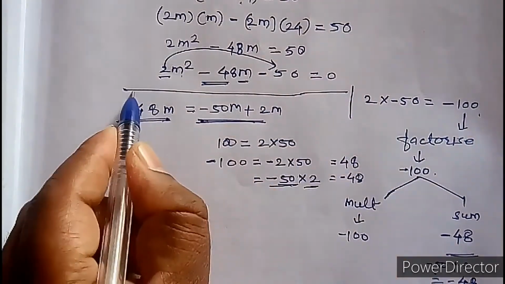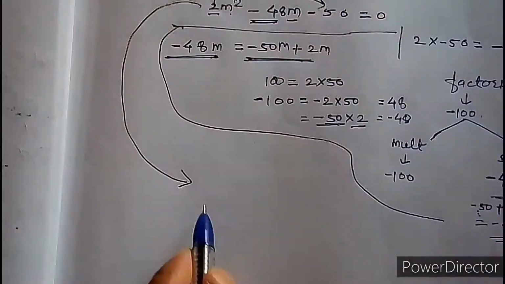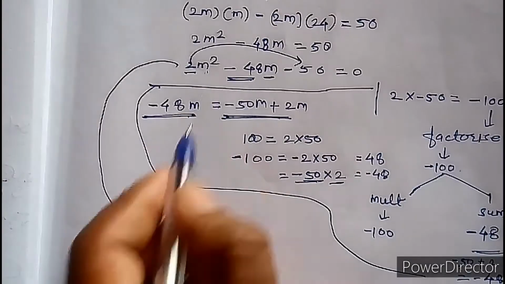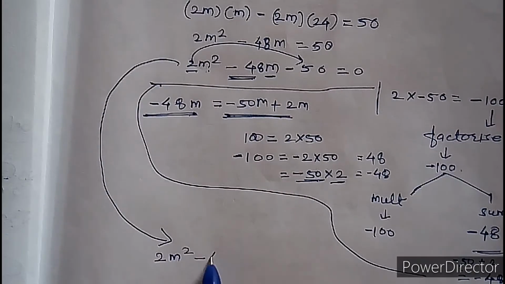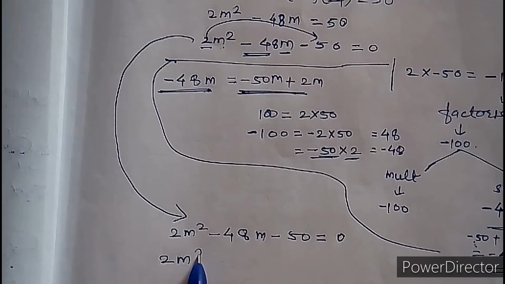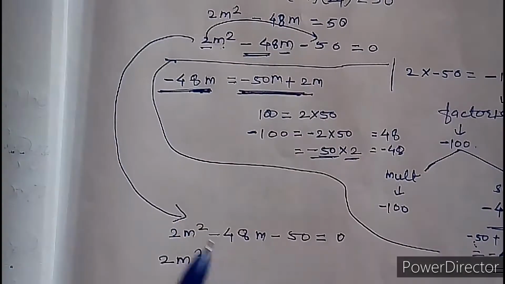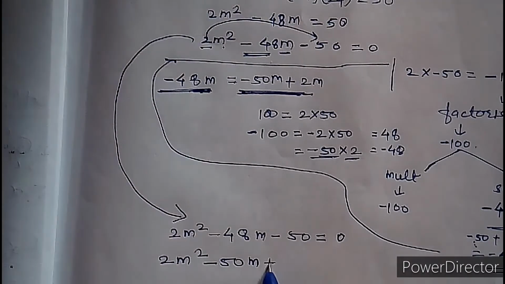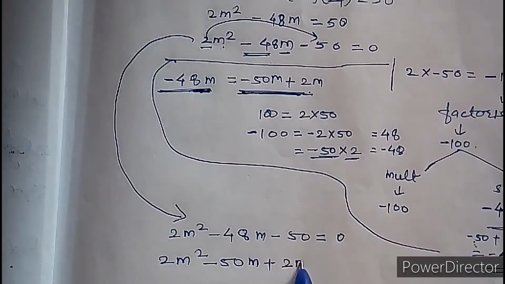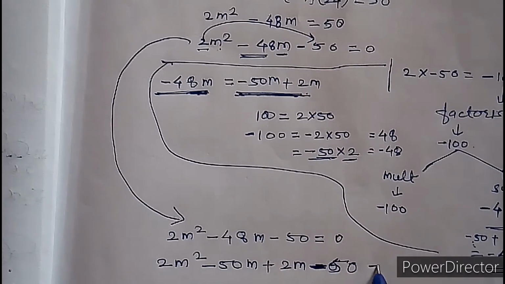Now coming to the solution part, proceed from here. Write down this equation as it is, that is 2m square minus 48m minus 50 equals 0. 2m square as it is, minus 48m can be replaced by minus 50m plus 2m, and minus 50 as it is, equals 0.